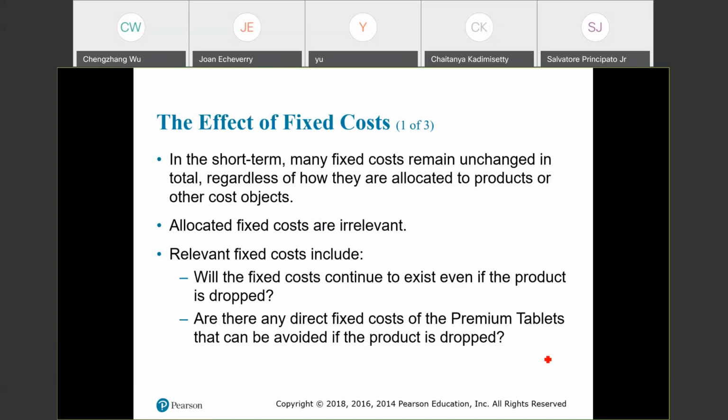So in this case, relevant fixed costs include two things. One, will the fixed cost continue to exist if the product is dropped? Two, are there any direct fixed costs of premium tablets that can be avoided if the product is dropped?